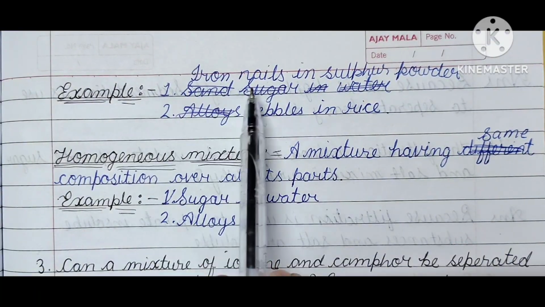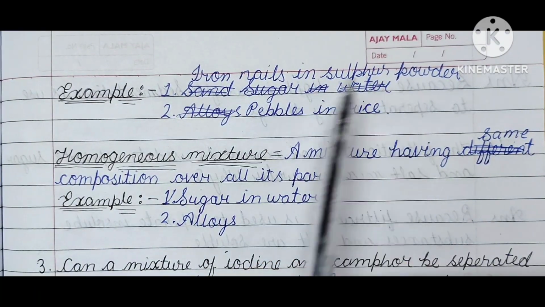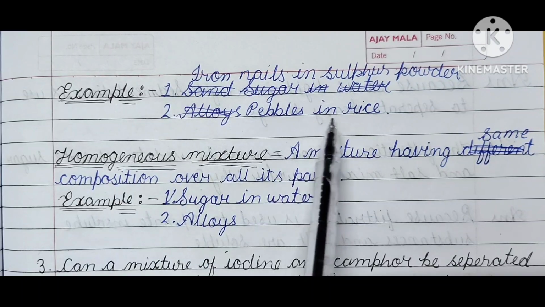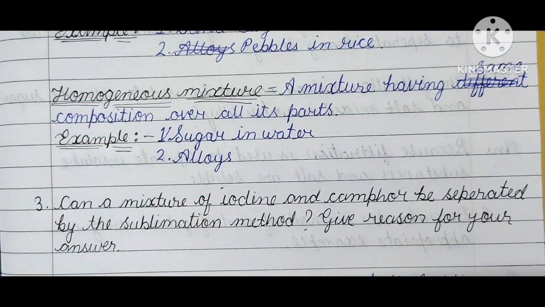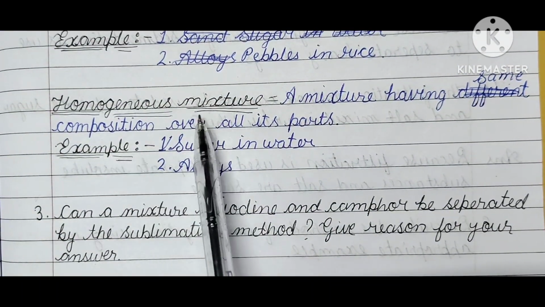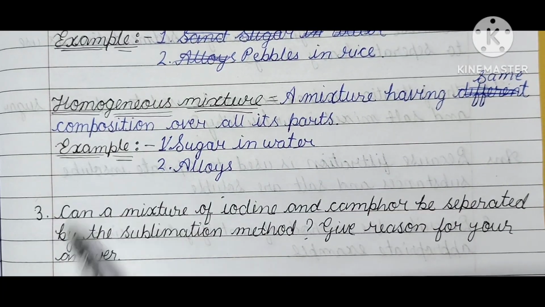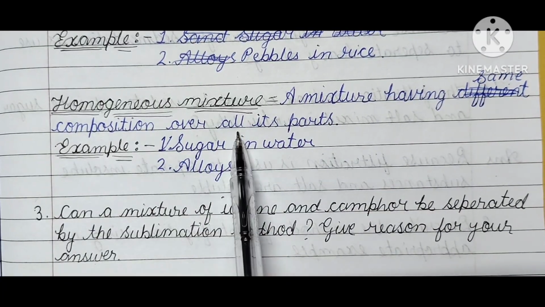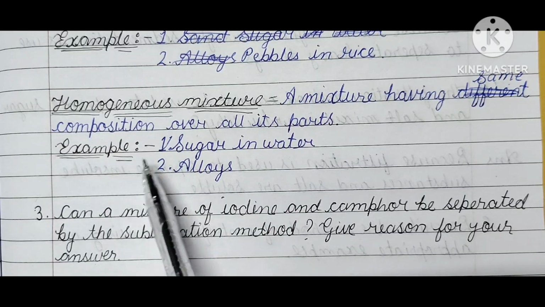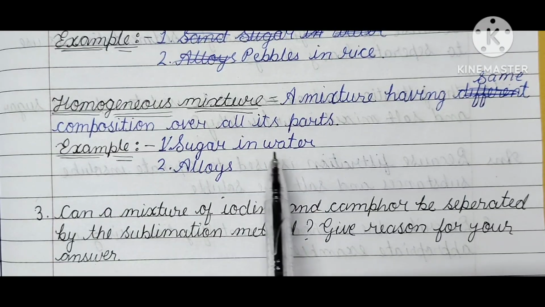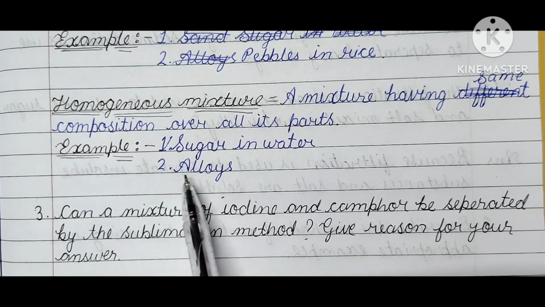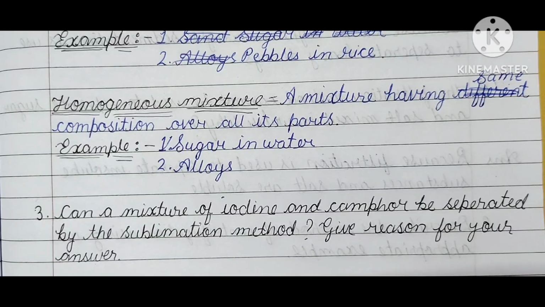Example, first, iron nails in sulfur powder. Second, pebbles in rice. Homogeneous mixture. A mixture having same composition over all its parts. Example, first, sugar in water. Second, alloys.